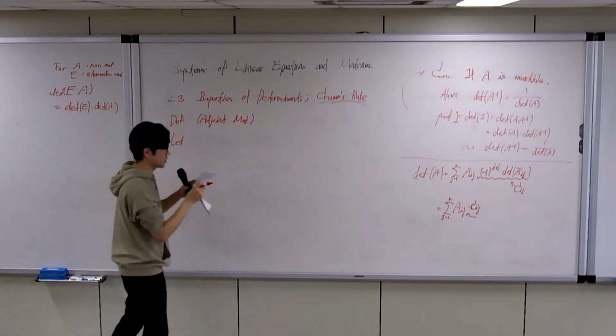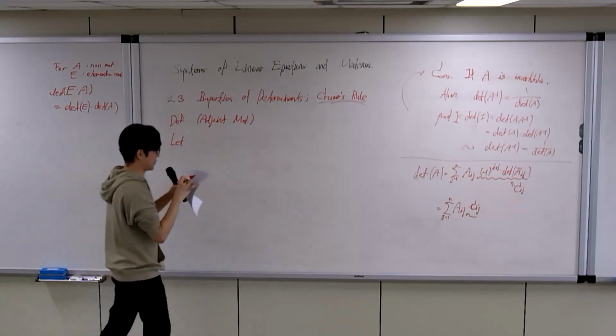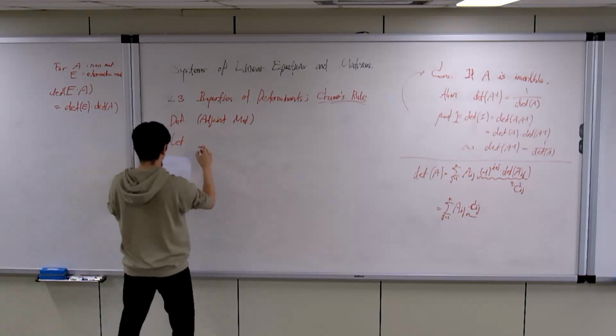So, adjoint matrix is... I miswrote my lecture notes.